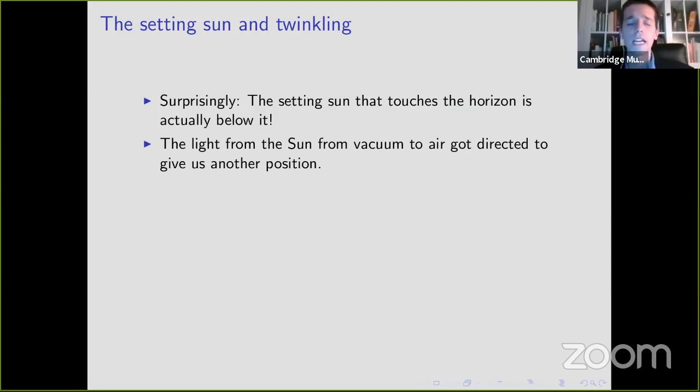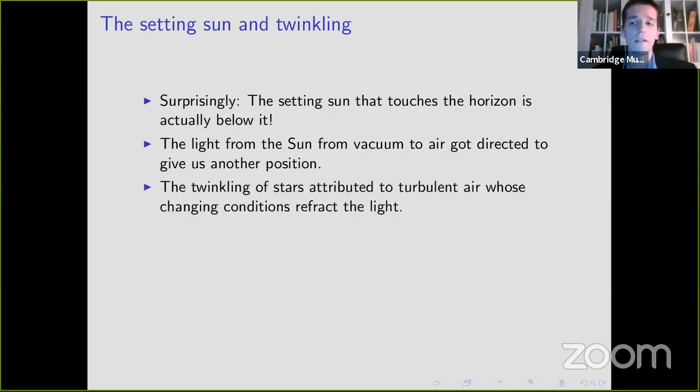If one was to fly to the sun, then one should really be aiming in a different direction. And the reason is that the light from the sun goes from vacuum in outer space to air. And so what happens is it gets deflected at the interface between vacuum and air. So it gets directed to give us another position.